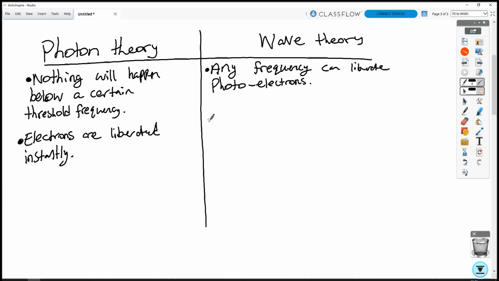And in the wave theory, there is a time delay before electrons are liberated.